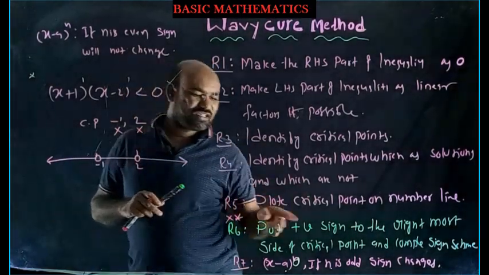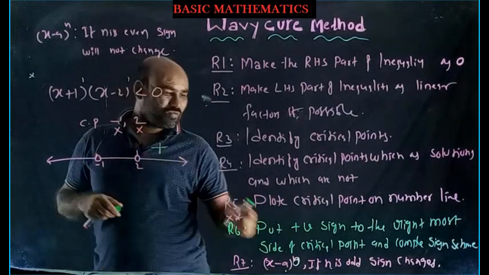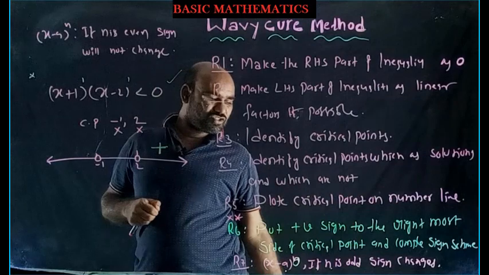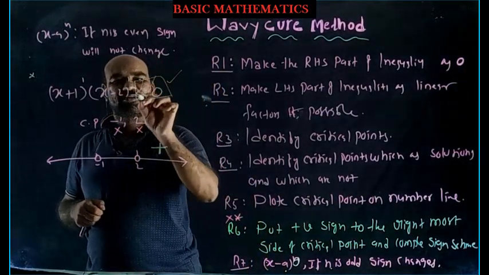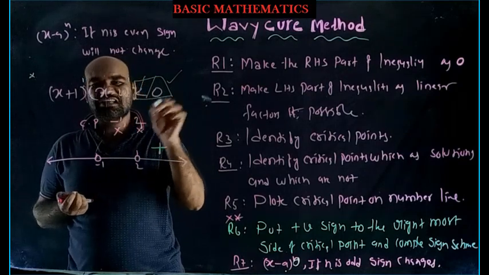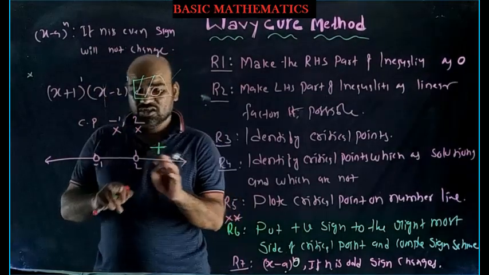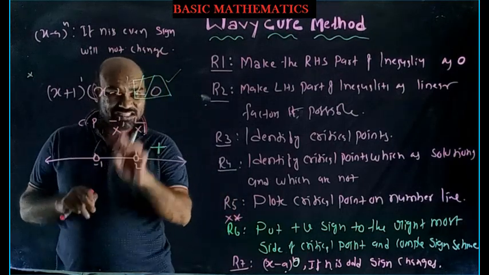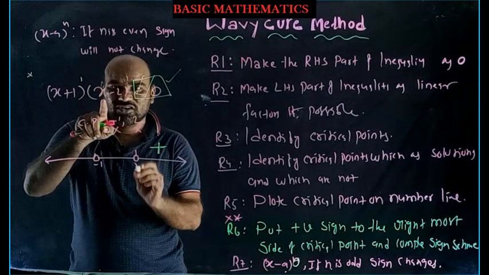So the method says put a positive sign to the rightmost critical point. Don't bother about the inequality symbol here, whether it is less than 0, greater than 0, less than or equal to, or greater than or equal to 0. We will see that at last. So whether this area is plus or minus depends upon this, the zero of x minus 2 only, and this exponent.